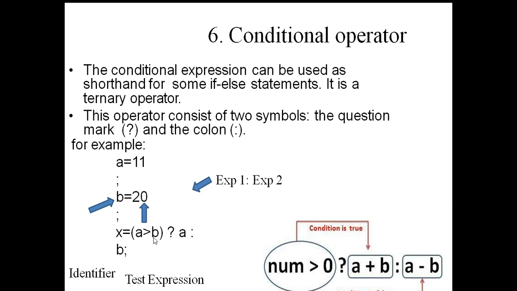If that expression is true, then the value of a will be assigned to x. But if it is not true, then b will be assigned to x. In our case, a is 11 and b is 20. So a greater than b will become false. So the value of b will be assigned to x.